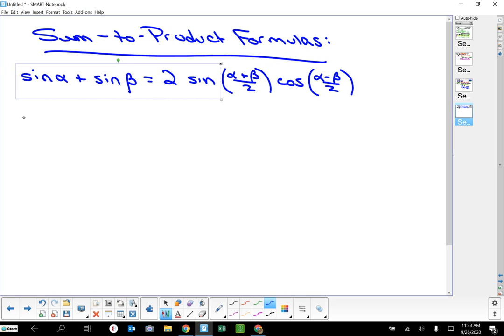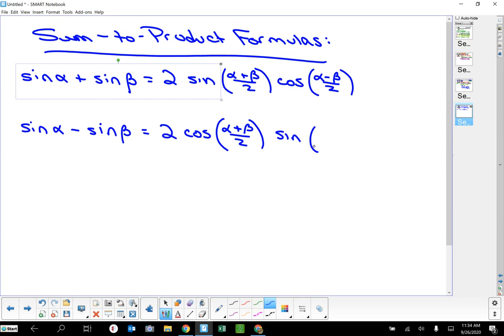Okay, the next one is sine alpha minus sine beta equals 2 cosine alpha plus beta over 2 sine alpha minus beta over 2.